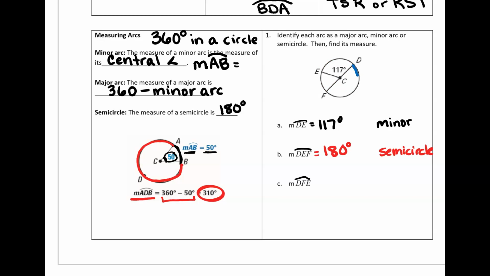Now, direction is important. DFE. You've got to get all three letters. So to find that one, we know that this is going to be a major arc. And now we need to employ what we know. 360 degrees subtract 117 degrees is going to give us our answer of 243 degrees for that major arc.